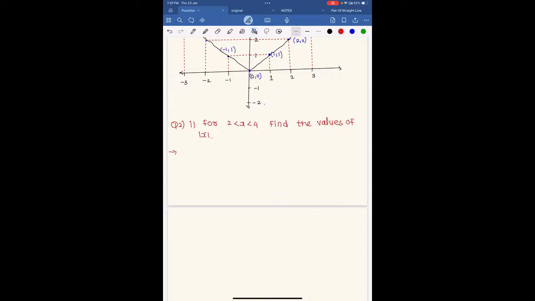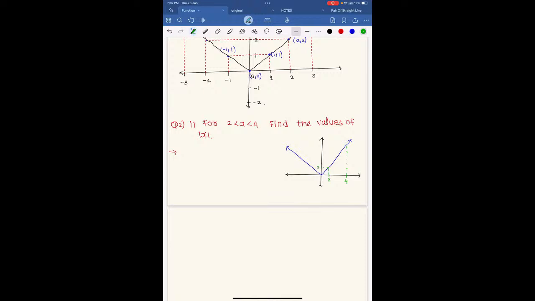ठीक आहे. सो आपण mod of x चा ग्राफ बघितलाय. ओके. सो आपल्याला x च्या व्हॅल्यूज गिवन आहे 2 to 4 मध्ये. सपोज here it is 2 and here it is 4. x lies between 2 to 4. So इथे mod of 2 काय येणार आहे?